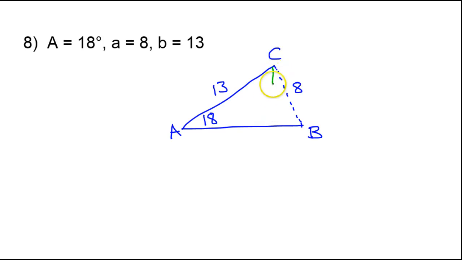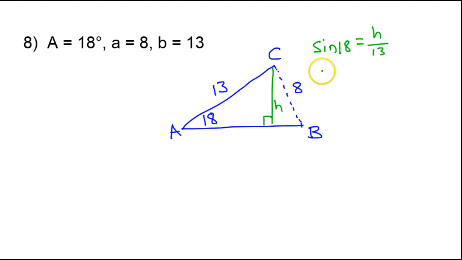And the way I can tell is by calculating the height of this triangle. I can find the height by calculating the sine of 18. The sine of this angle is opposite over hypotenuse, so that's going to be h over 13.